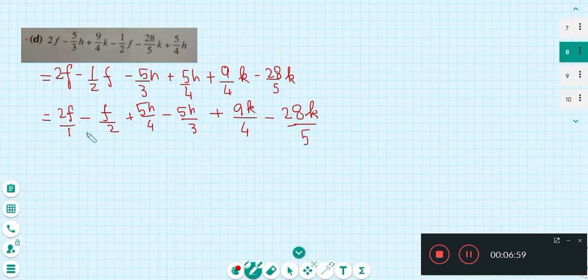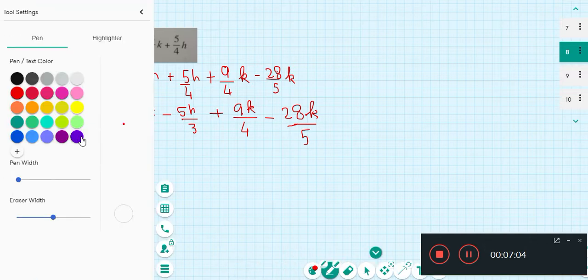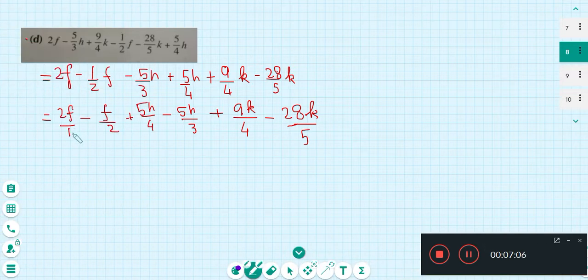So the LCM of the first one and 2 will be 2. So it means in the first we have to multiply the denominator 1 by 2, and the same number will multiply the numerator, and 2 multiply by 1, similarly f multiply by 1. So LCM is 2. 2f into 2 gives you 4f and 1 into f gives you f.